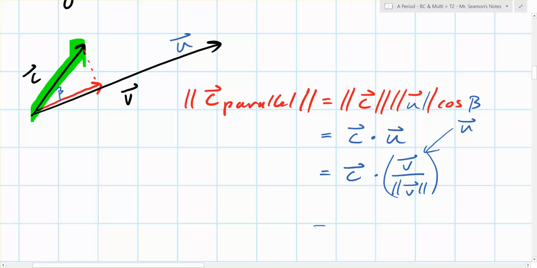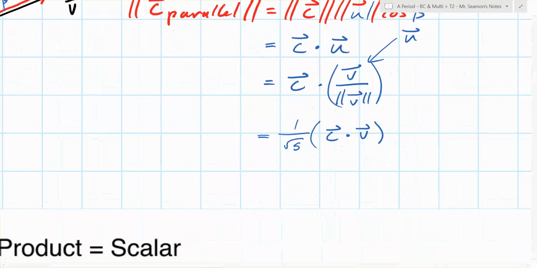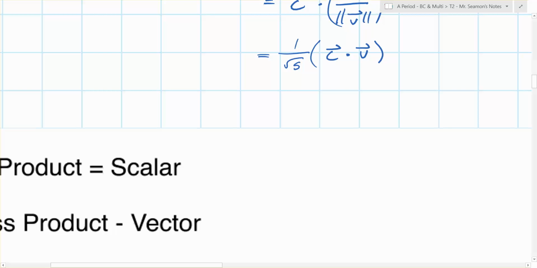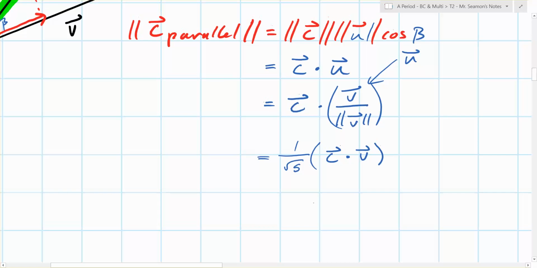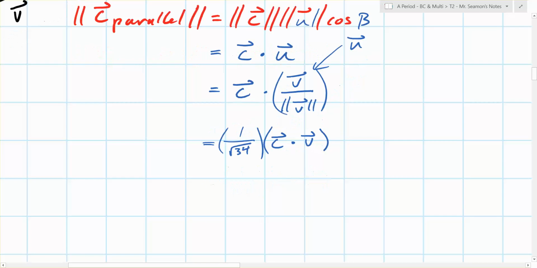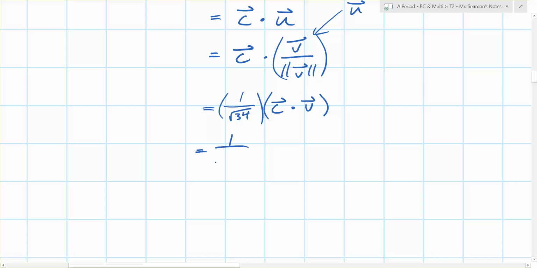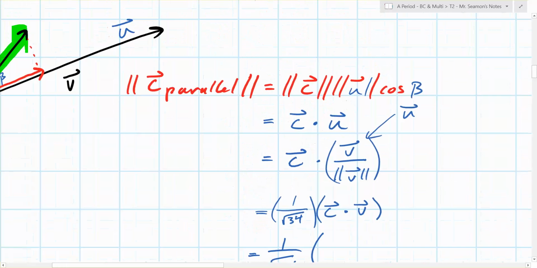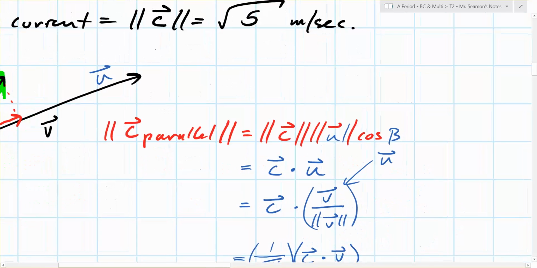So what do we have here? We have 1 over the square root of 5 times C dot V. Is everybody with me on this? Now what do we have to do? We do 1 over root 34 times the dot product of the two. What was C? C was i plus 2j.